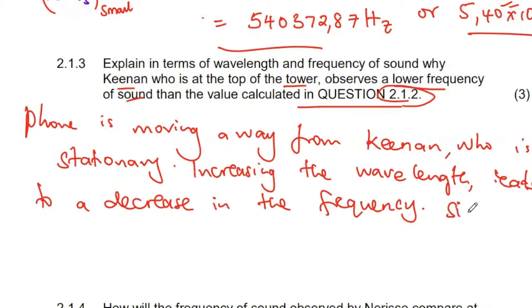We can say this since frequency is inversely proportional to wavelength. I believe that's enough. You have your equation, you have the explanation: what's happening to the phone, and how the moving of the phone works with wavelength and frequency. So guys, that's that.